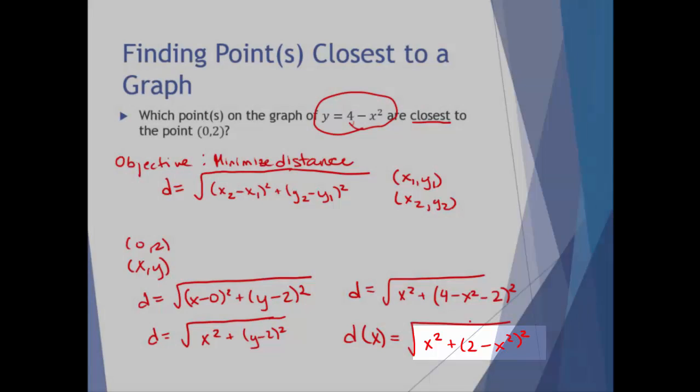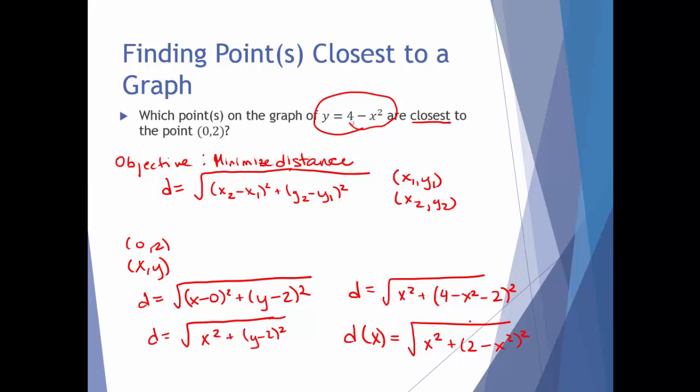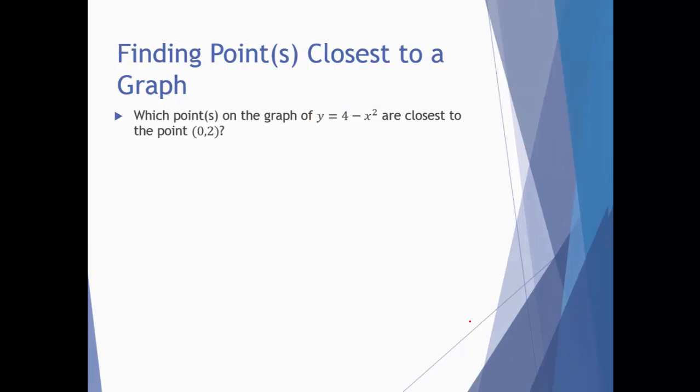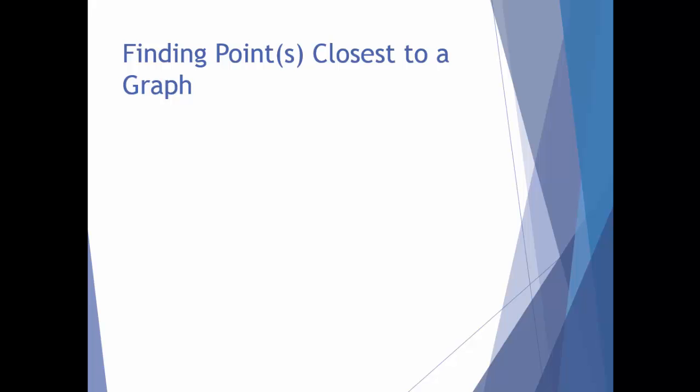To indicate that I'm just dropping off the square root, I'm not squaring both sides. What I'm going to do is switch this notation and start calling this a capital D instead. We'll call it capital D and say that that's equal to just x squared plus (2 minus x squared) squared. And we're going to optimize this instead, okay?